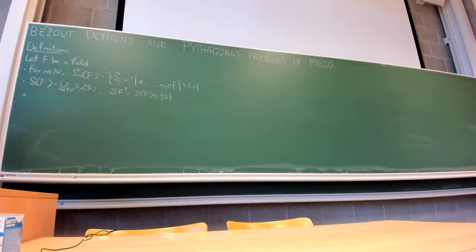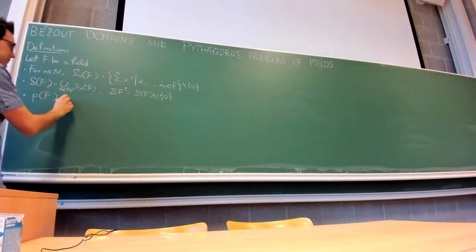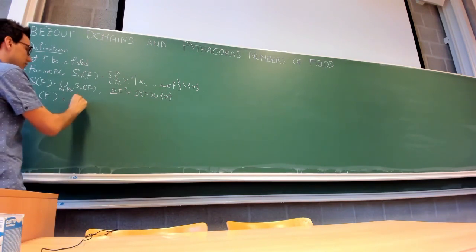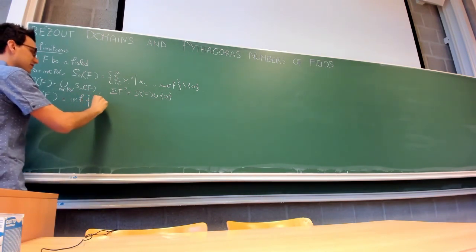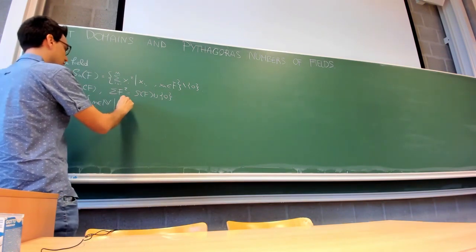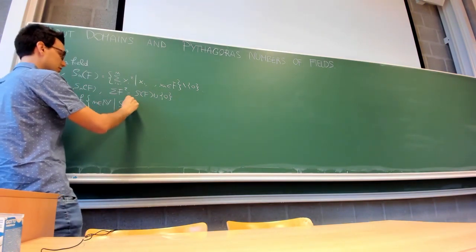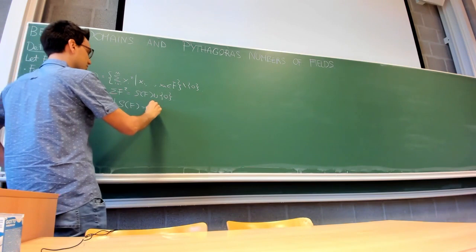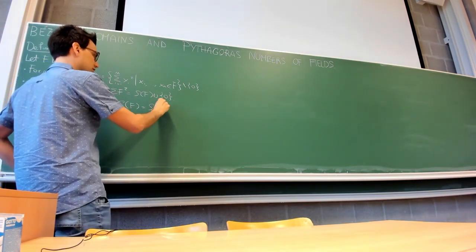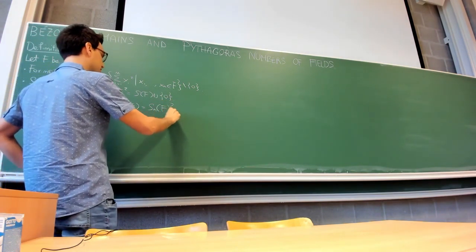So the Pythagoras number of a field is the smallest positive integer n such that any sum of squares in the field f is a sum of n squares. I will denote it by P of f, and can write it as the infimum of the integers n such that the sums of squares are sums of n squares.